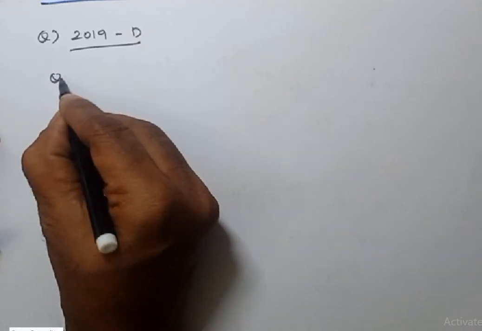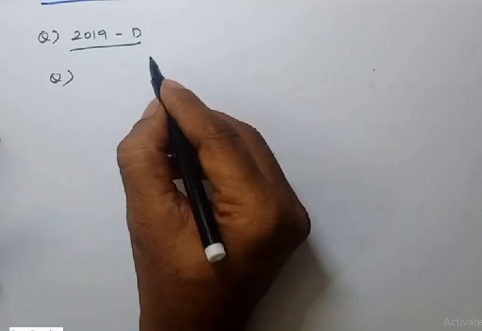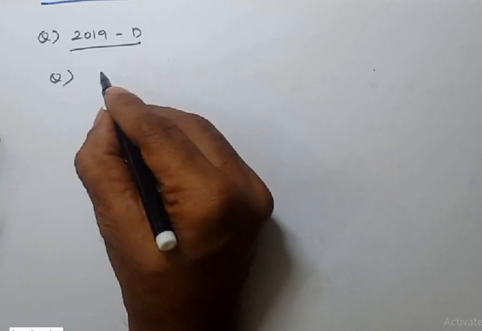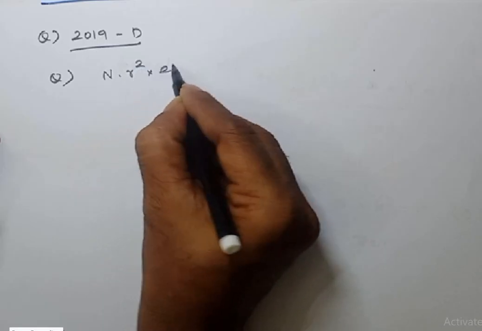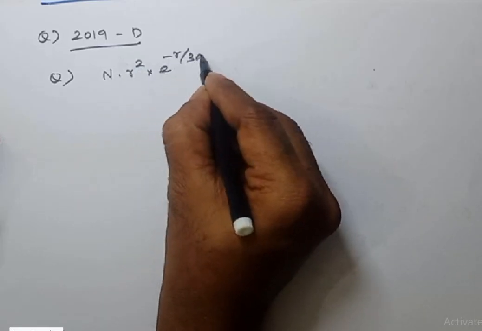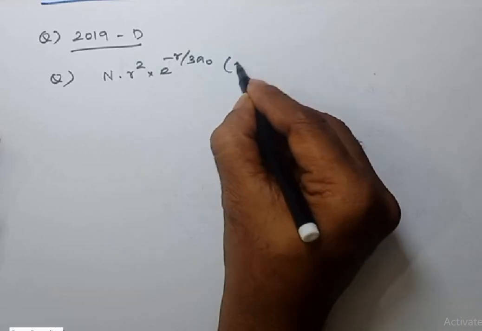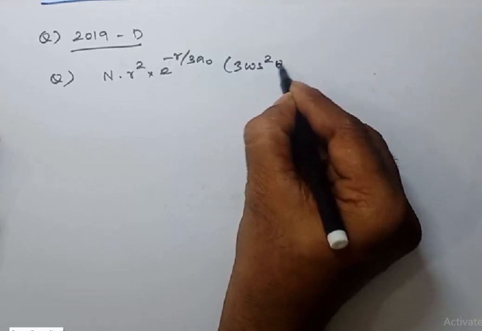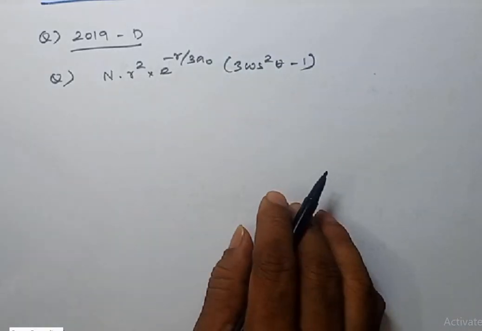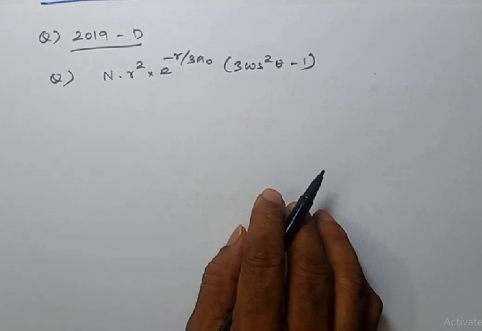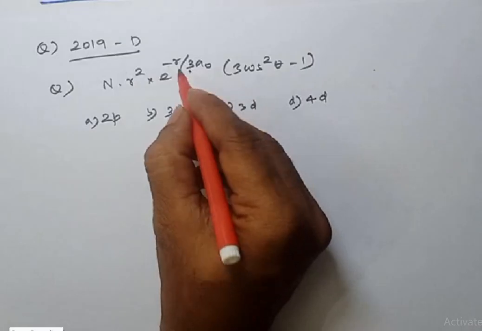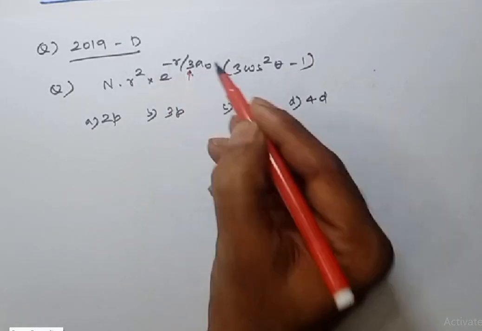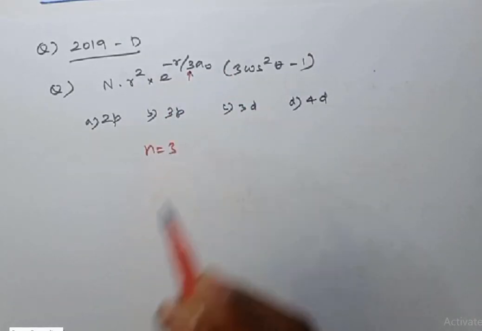For a hydrogenic atomic orbital, it is given by some normalization constant, r square term, e power minus r by 3 a naught. Then we have 3 cos square theta minus 1. See the e power term, r by 3 is there, so that corresponds to the n value. n value is 3.